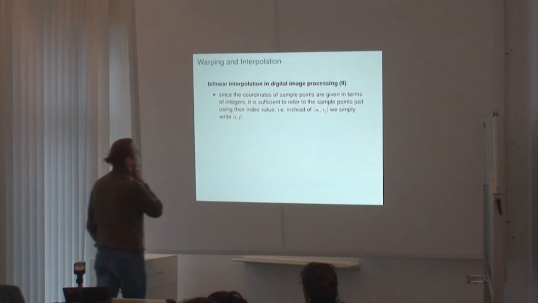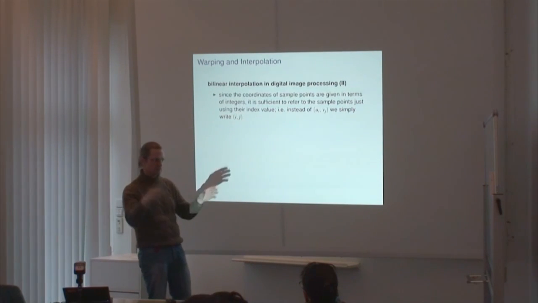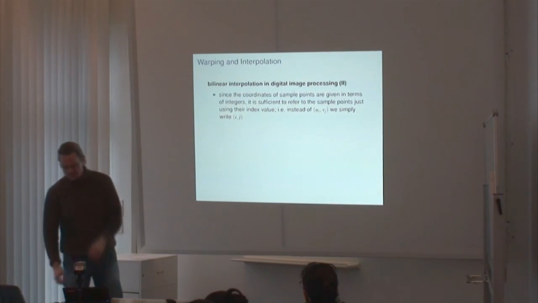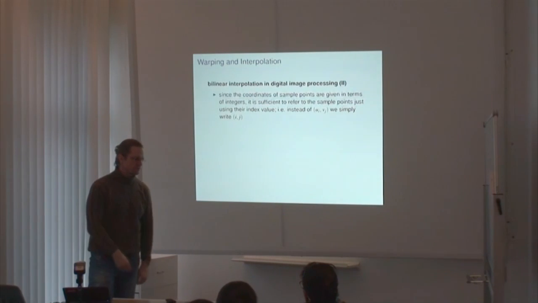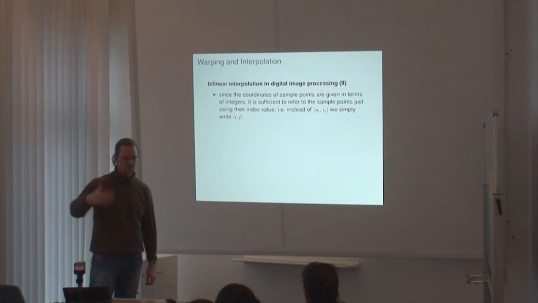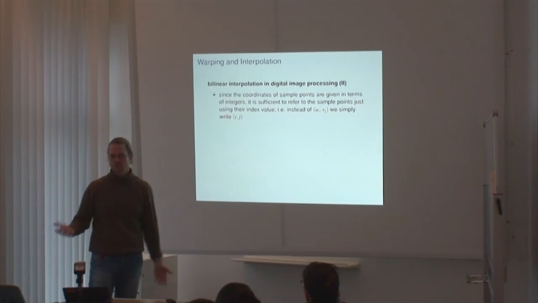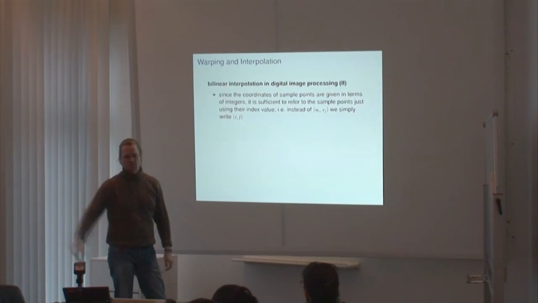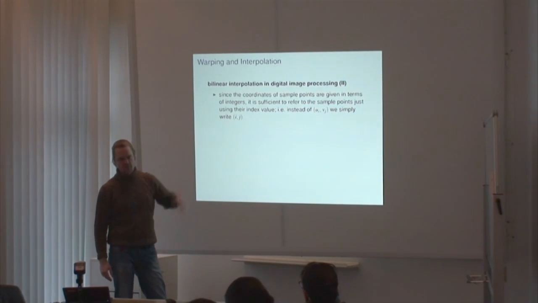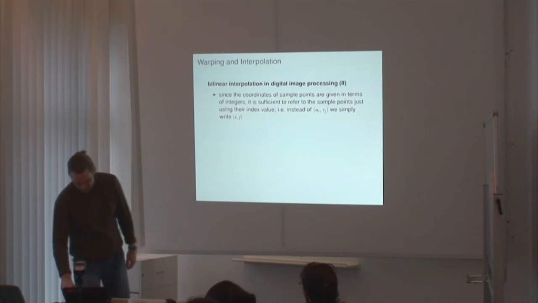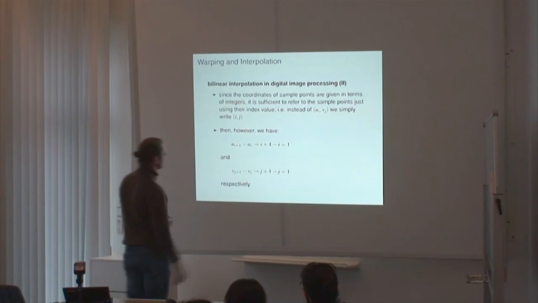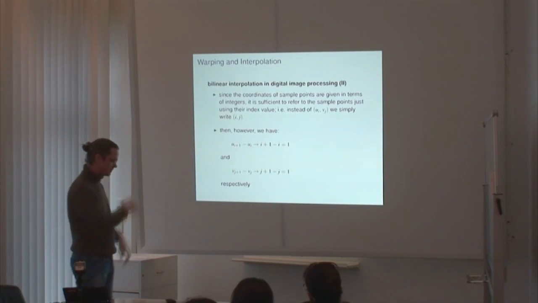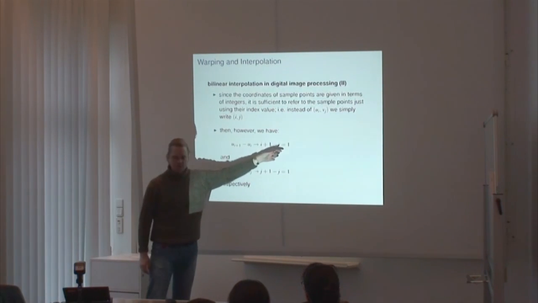And here is one more thing. I've been talking about coordinates x_i and u_i and v_j and so on, just for the sake of generality. However, the coordinates in an image are 0, 1, 2, 3, 4 for the rows and columns. So instead of u_i and v_j, I could just as well go for the index that counts them: zeroth row, first row, second row, and so forth. And the distance between any two such consecutive sample points in an image along the x and the y axis is, of course, 1.